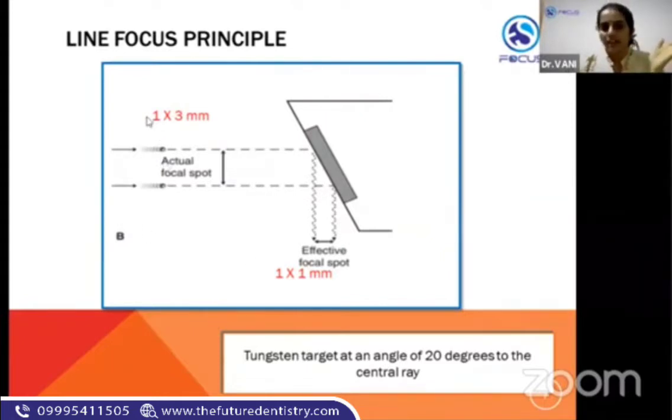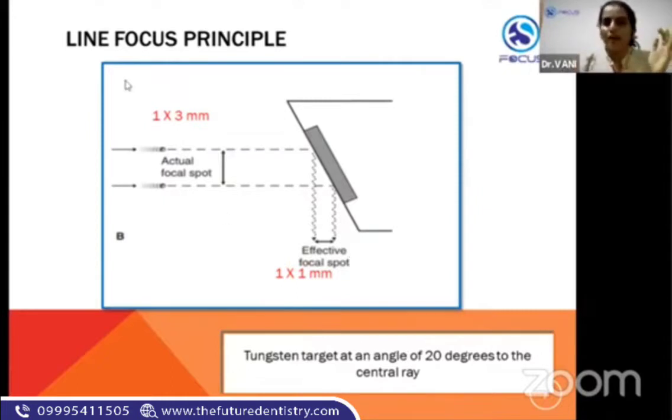The actual focal spot size usually used in a normal X-ray tube is 1/3 mm, while when you tilt the tungsten target at an angle of 20 degrees, the effective focal spot size reduces to 1/1 mm, which is the minimum attainable focal spot size by which we can produce images of good quality with proper sharpness and resolution.